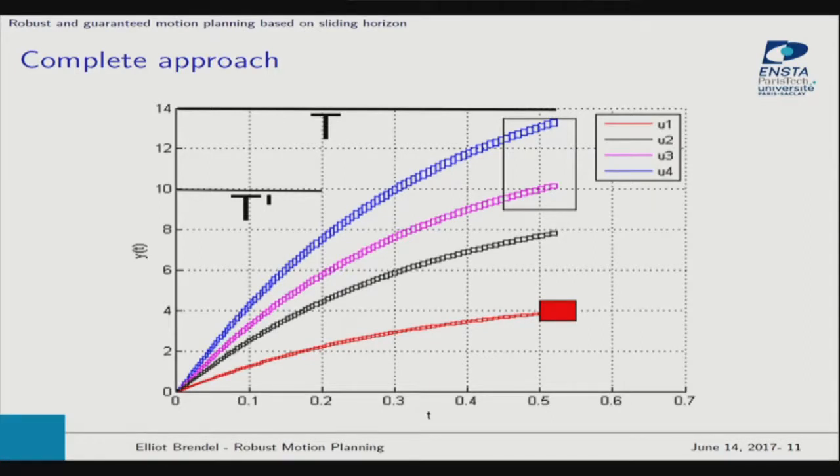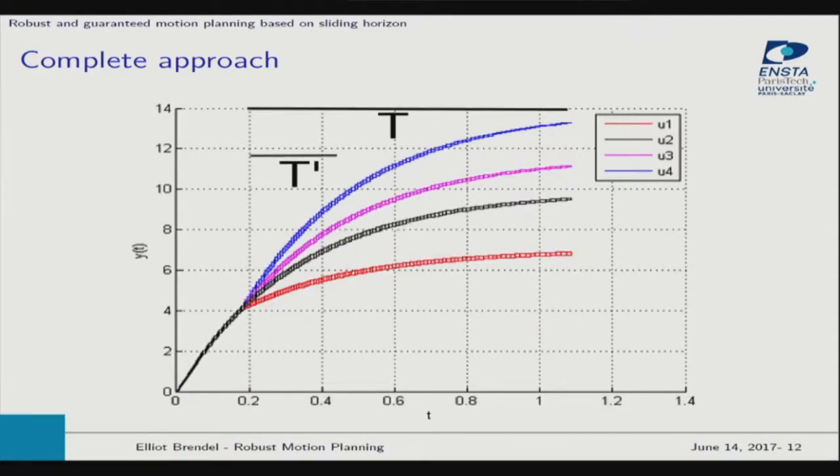And then u3 and u4 satisfy the constraint, but have a bigger cost than u2. So we keep u2, and at t prime we start again until we reach a number of steps defined by the user, or until there's no feasible solution that can be found.